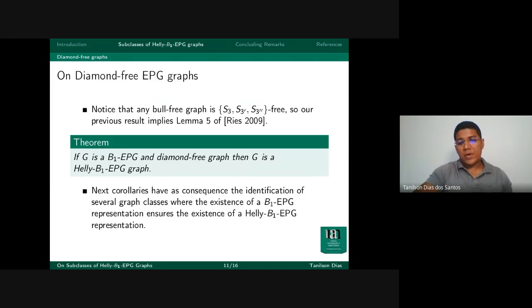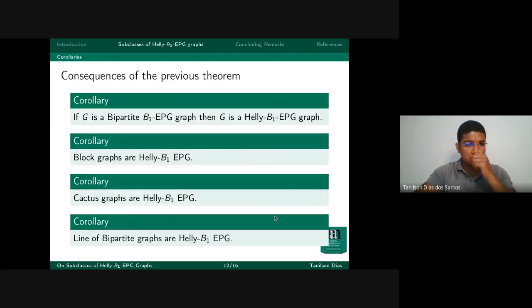The following corollaries have as a consequence the identification of several graph classes where the existence of a B1-EPG representation ensures the existence of a Helly B1-EPG representation. Okay, if G is a bipartite B1-EPG graph, then G is a Helly B1-EPG graph. Block, cactus, and line of bipartite graphs are Helly B1-EPG graphs.